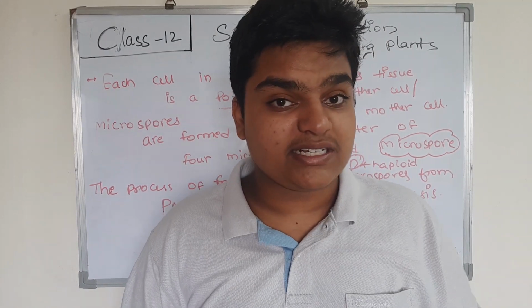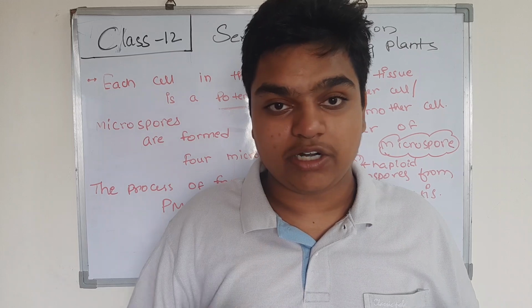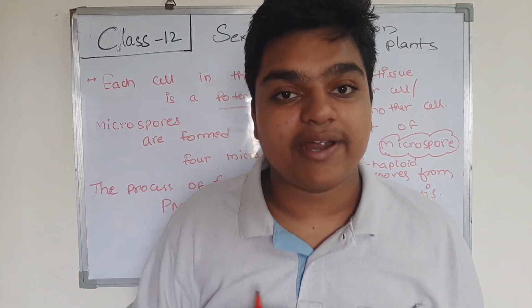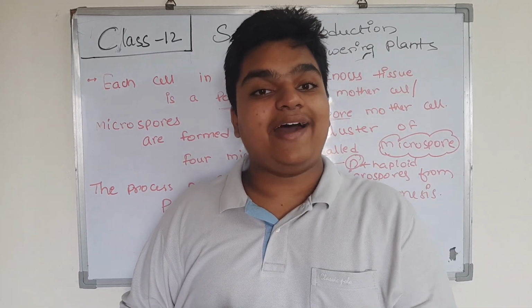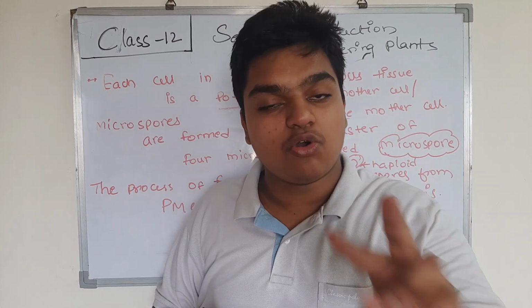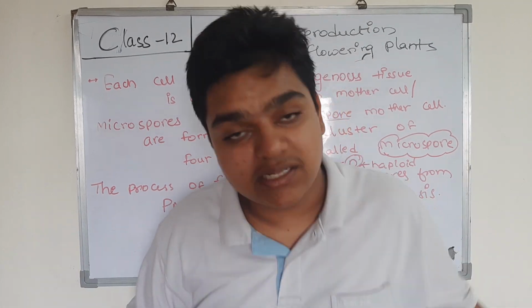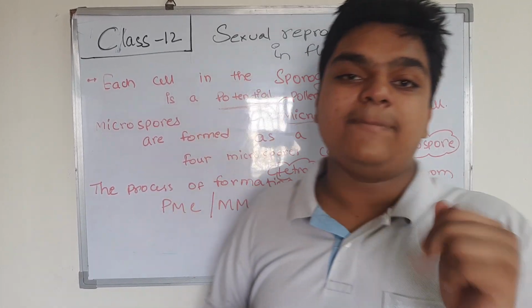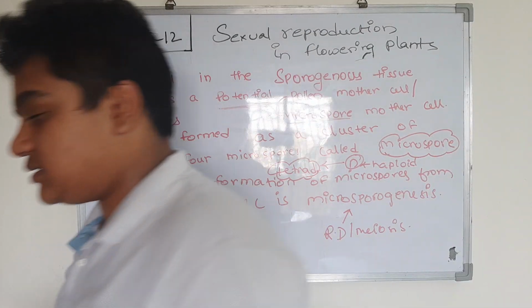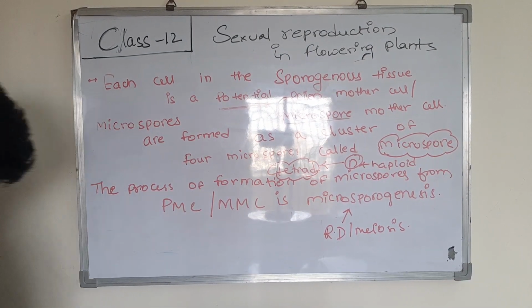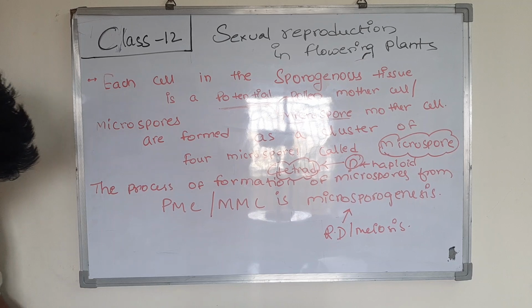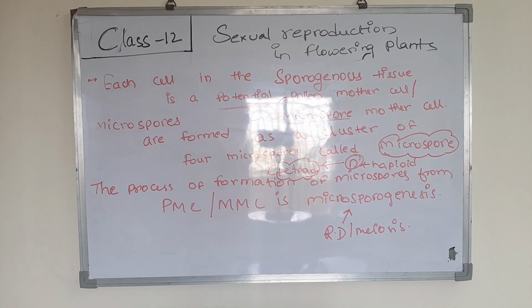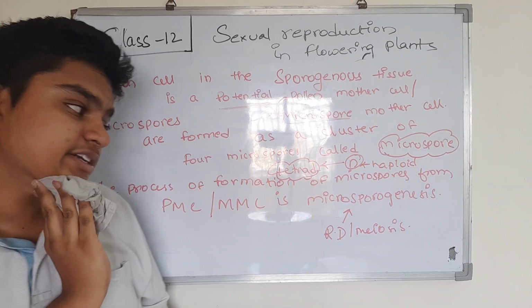But in tapetal cells, cytokinesis does not happen. Only karyokinesis happens. So karyokinesis is not followed by cytokinesis, and hence you can see binucleate tapetal cells, meaning cells with two nuclei. Very clear?